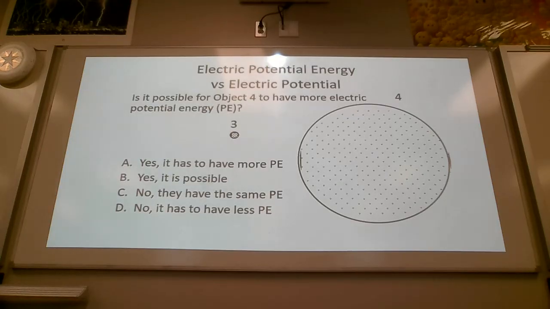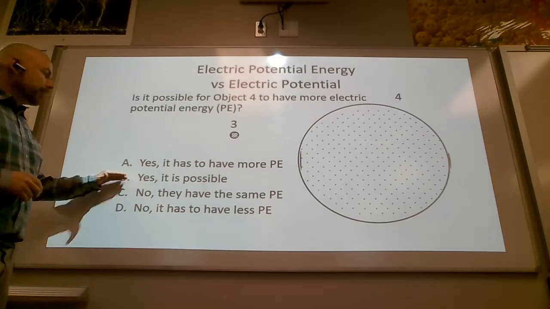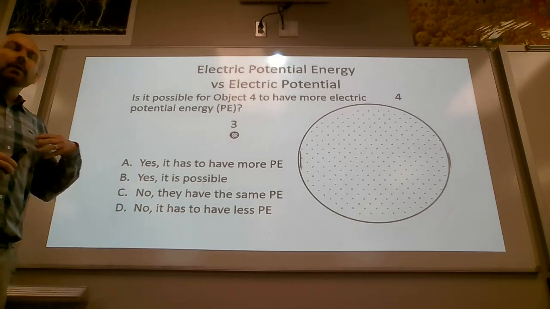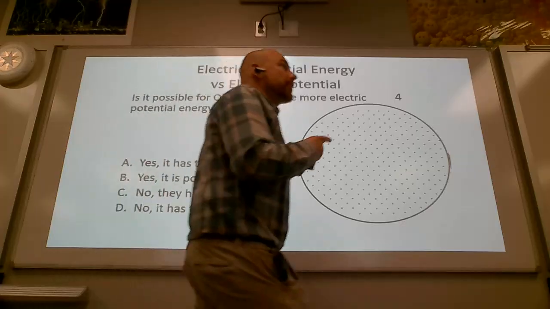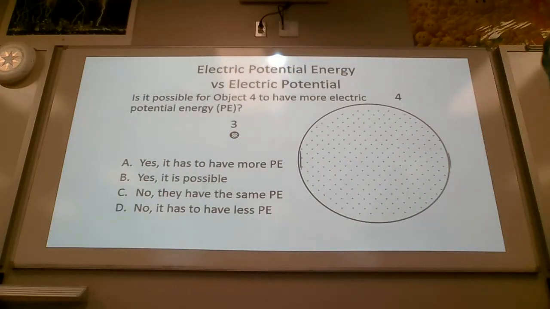Okay, correct answer. Here's what I'm going for. B. So electric potential energy looks at the total amount of energy. That's your lab.